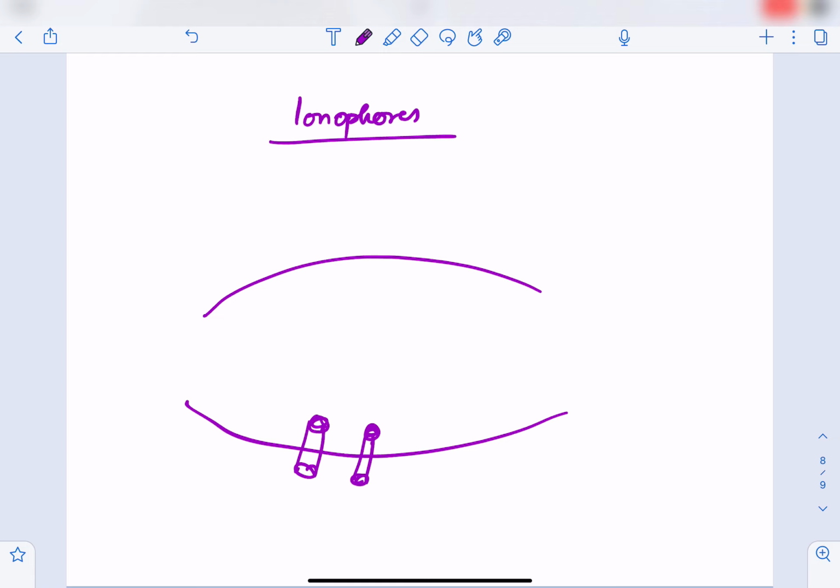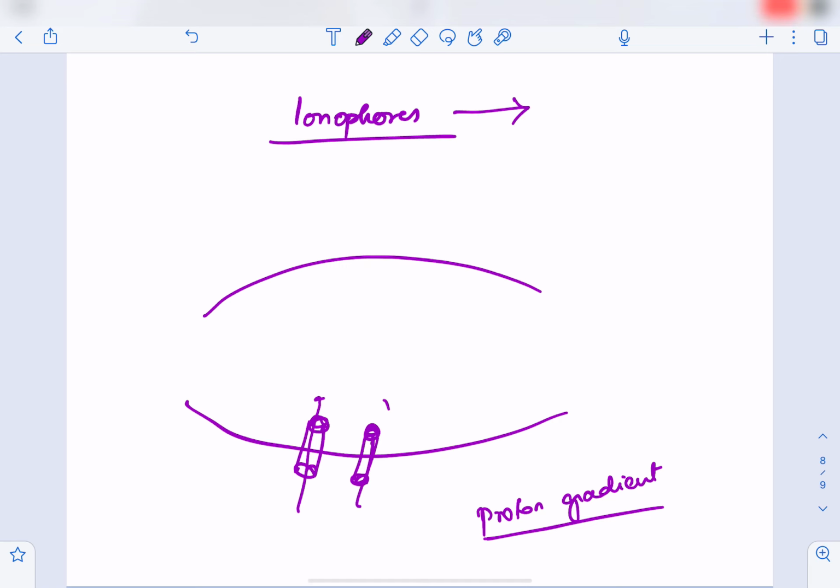The H plus protons can get dissipated, and the proton gradient is dissipated through these ionophores. Thereby ATP synthesis is uncoupled.